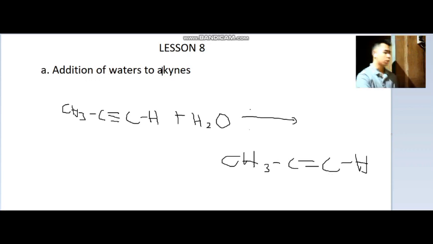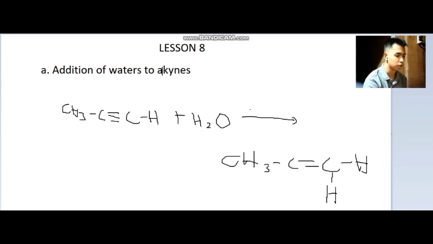So the first carbon, in the CH2, there are two hydrogens. The first hydrogen will go here because this has a lesser bond.